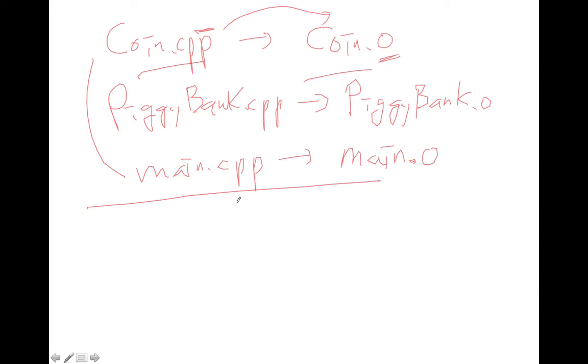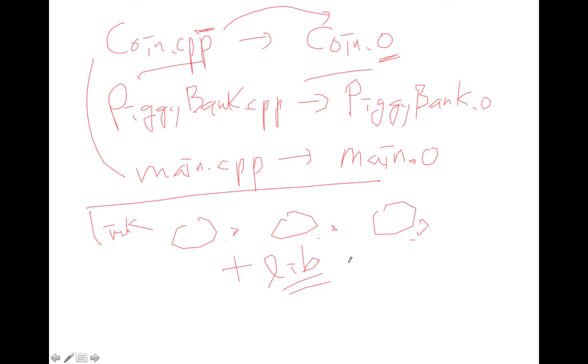And then the link step puts those three .o files together with any library you use, the iostream library, string library, or math library, depending on what code you write. Together with the library, it produces a.out, which is executable code.